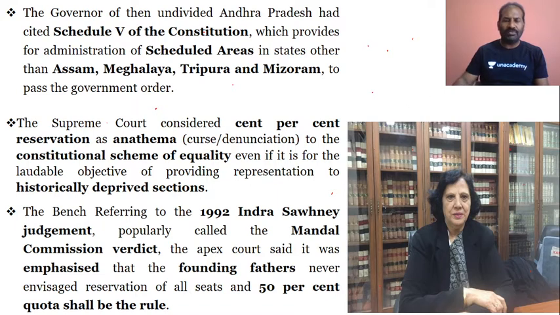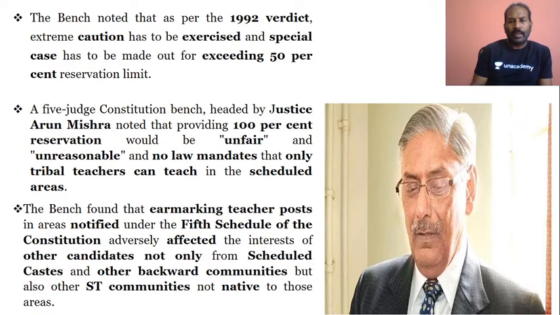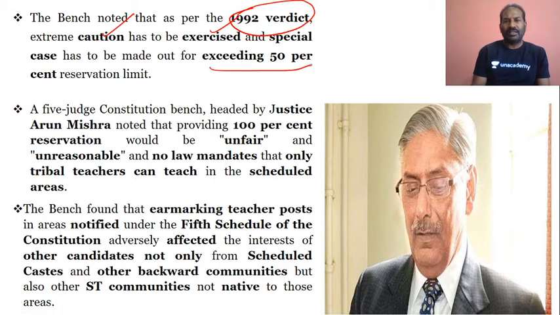What the founding fathers have said is that the reservation or quota should be only 50 percent. In the other case, the Indira Sawhney judgment of 1992, it was also noted that extreme caution has to be exercised and a special case may be made for exceeding the 50 percent reservation limit.